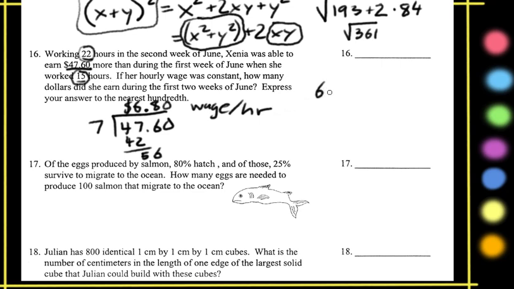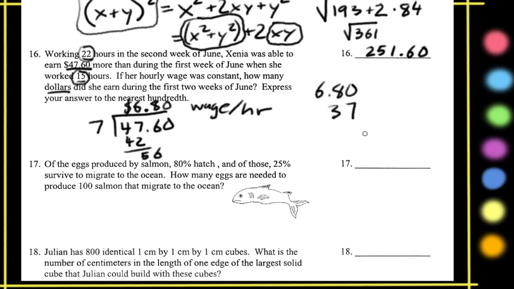So it's 6.80 times 37, and yeah, I guess you just have to multiply that out, and if you do that, you'll get 251. You don't get a calculator, so you have to do this the old-fashioned way. $251.60. They say express your answer to the nearest hundredth. So this is the answer here. 251.60. That's the number of dollars that she earned during the first 2 weeks.